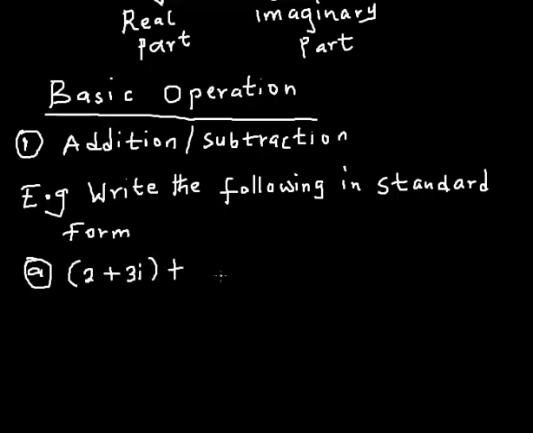So in this case, the conjugate of this denominator is 3i plus 5. So I'm multiplying the numerator by the conjugate, which is 3i plus 5. Whatever I do to the numerator, I also have to do to the denominator. So the denominator is still multiplied by the conjugate, which is 3i plus 5.